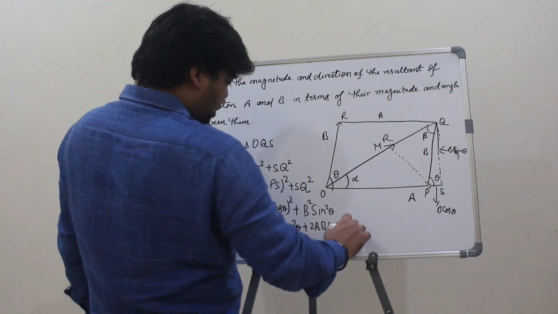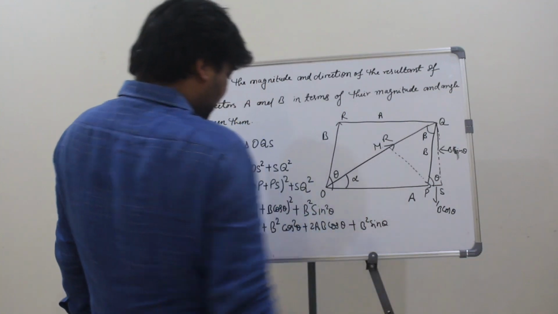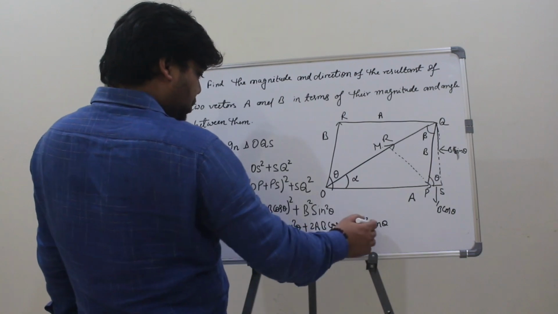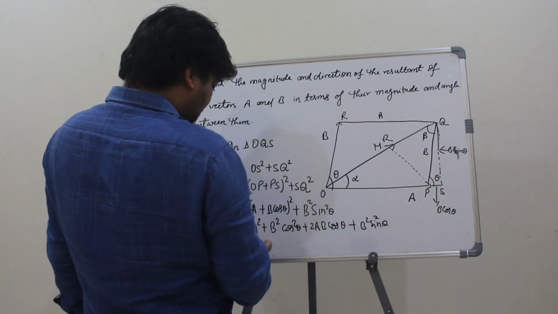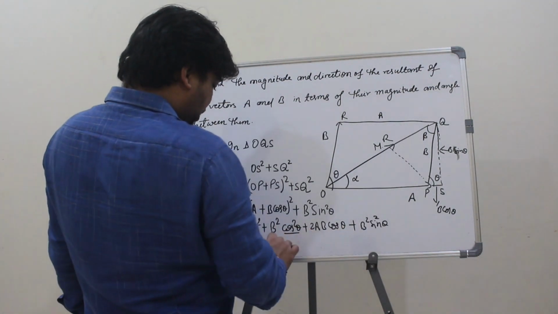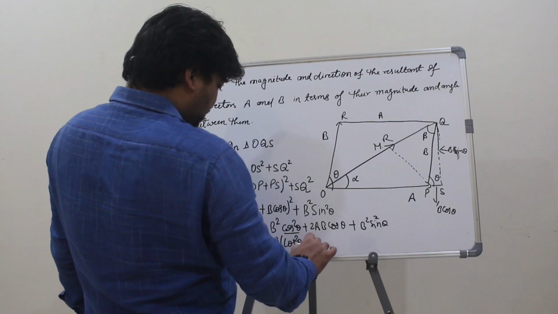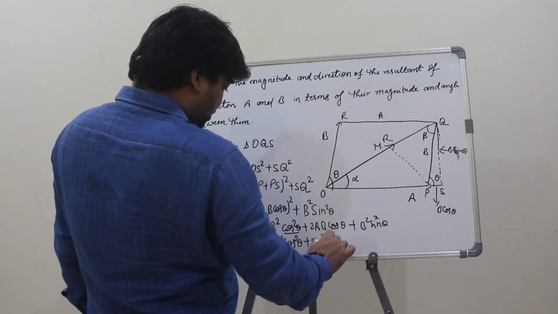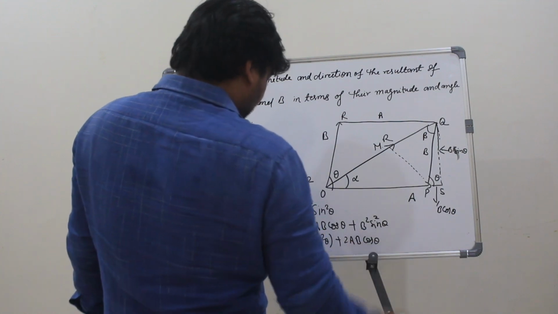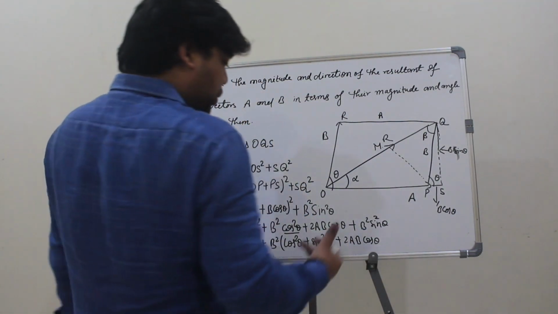So just try to simplify it using the trigonometric identity. A square plus 2AB cos theta plus B square sin square theta. Now just take B square common. It will give you A square plus B square times cos square theta plus sin square theta, plus 2AB cos theta. Now what is cos square theta plus sin square theta? As we know, it is 1.